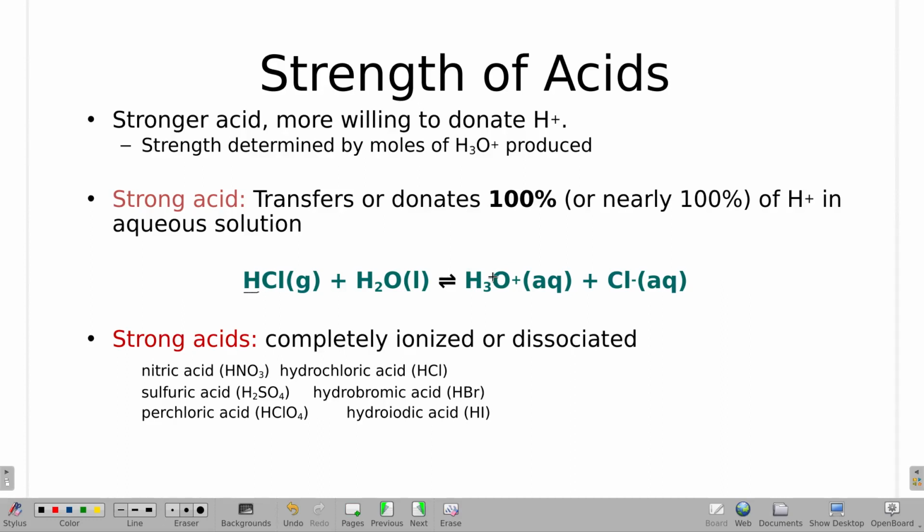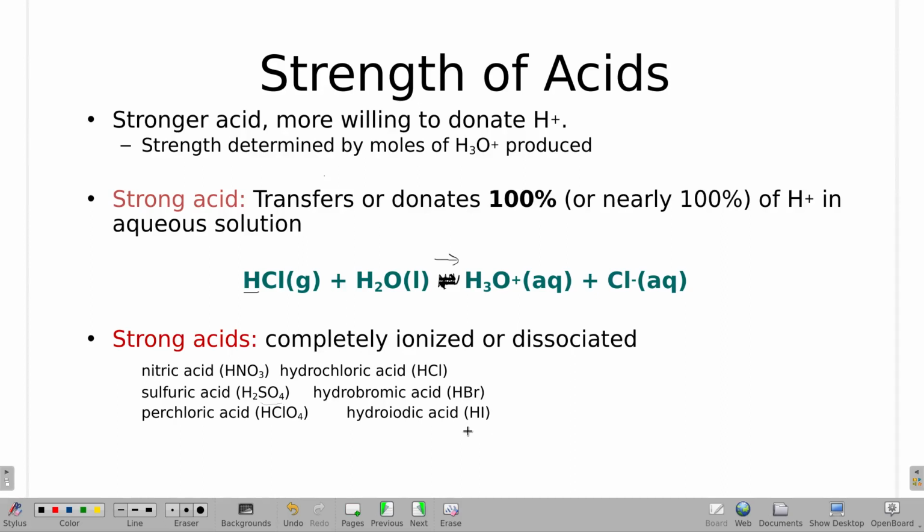What we typically see on a balanced equation to show that is just a single one-way arrow, because it goes 100% to completion, every bit of the H's gets donated. Right now it's easier to say there are 6 common strong acids, and these are the 6 that we would focus on: HNO3, H2SO4, HClO4, HCl, HBr, and HI.